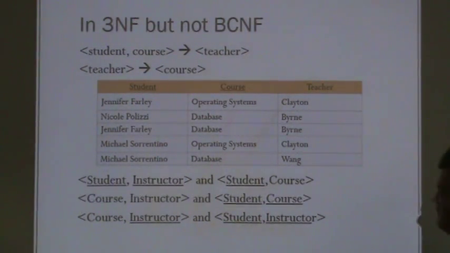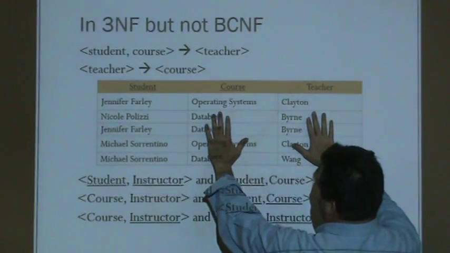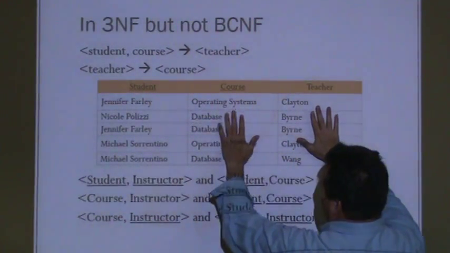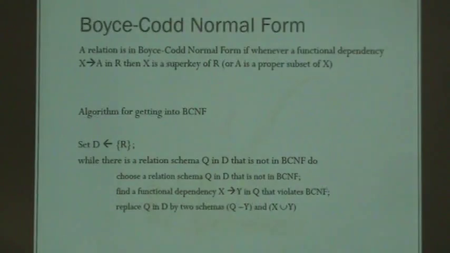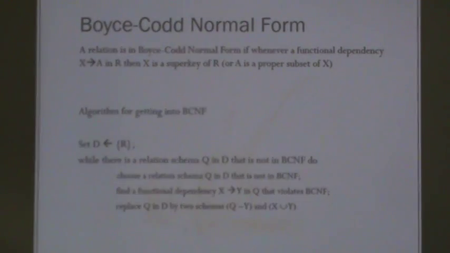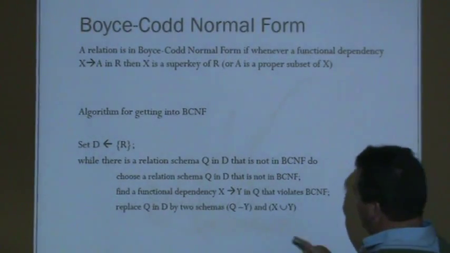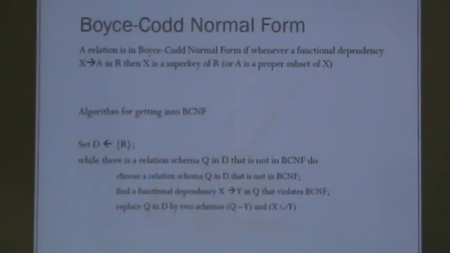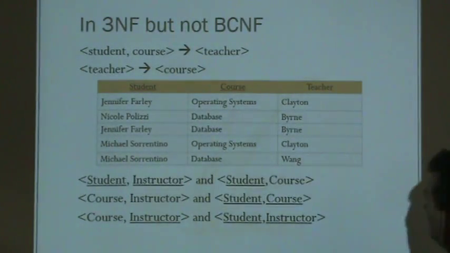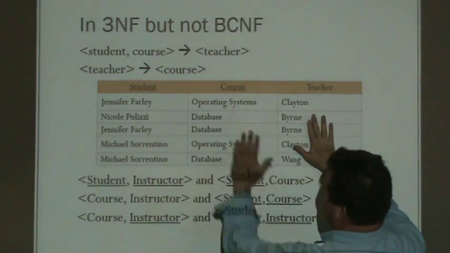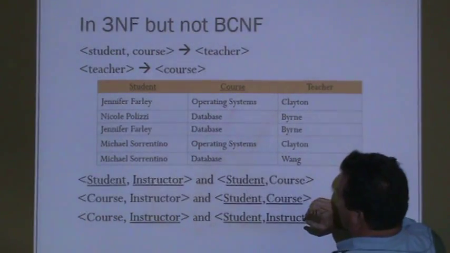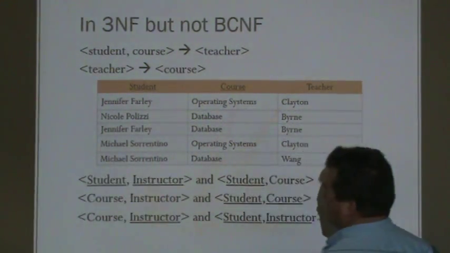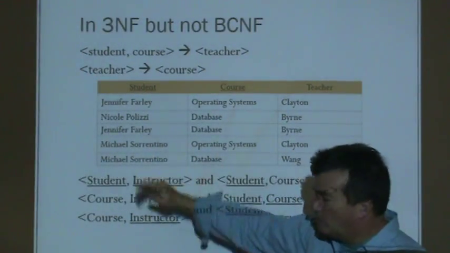So we'd take the set of X implies Y. We would take X and Y as one table, and then the last table would be the Q minus the Y part. We would have one table which is this field and this field, and then one table which is this field and all the remaining fields, which in this case would be the one other field.